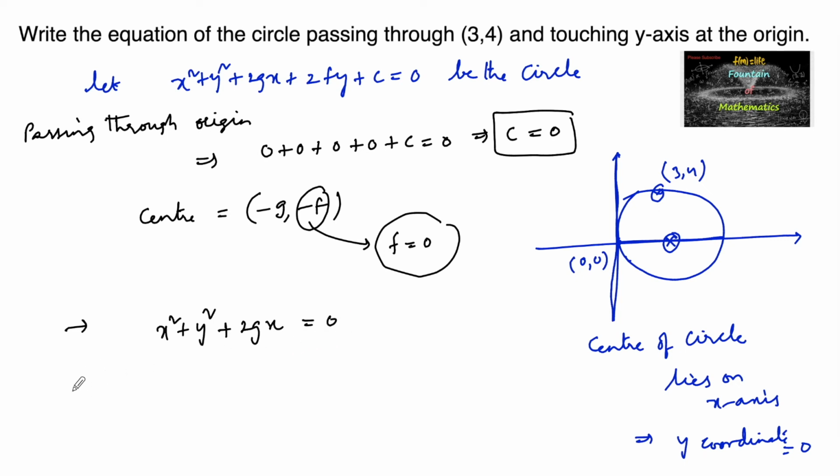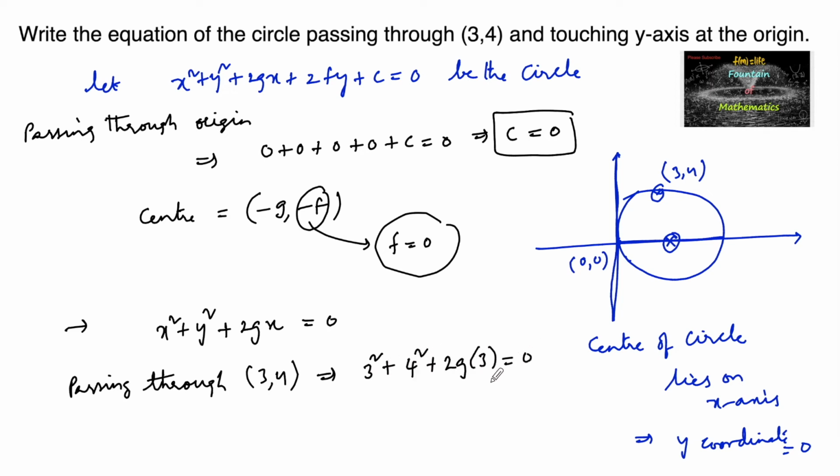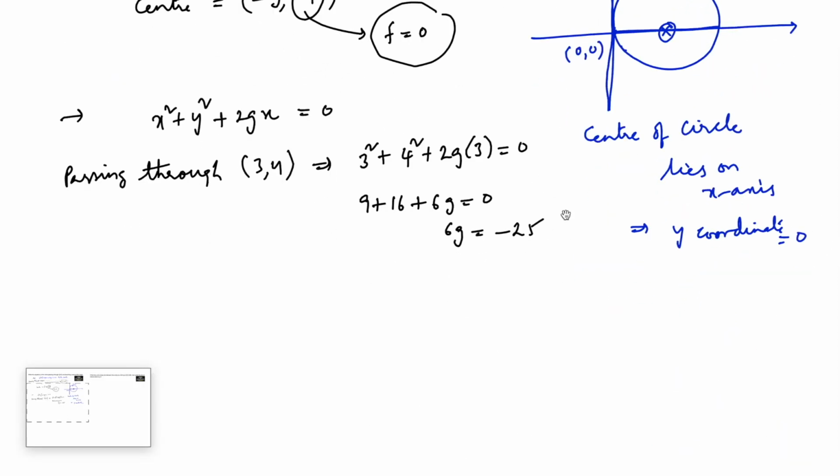Now this circle is passing through 3, 4, and hence we can find the value of g by substituting 3, 4. So we have 3 square plus 4 square plus 2 into g into 3 is equal to 0. So that is 9 plus 16 plus 6g is equal to 0, or 6g is equal to minus 25, or g is equal to minus 25 by 6.